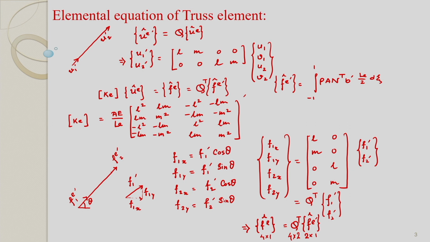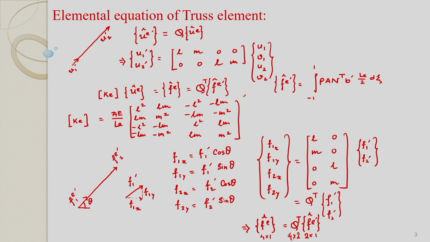So, this 4 cross 2 Q transpose is multiplied with F E prime hat. So, we can see that if we have point load in components, then directly we can write F E hat, which is essentially our derived Q transpose F E prime.